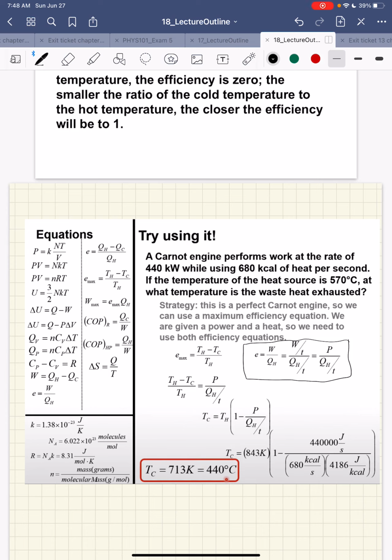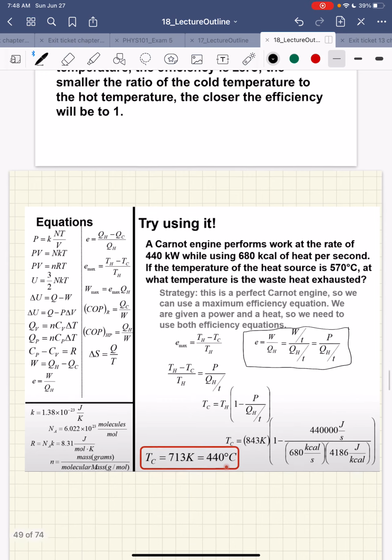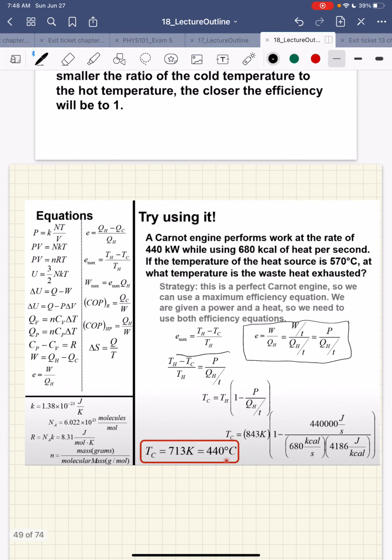E equals W over H hot, sorry. And I will divide by T both on numerator and denominator to get the power. And then after that, I'm going to make them equal to each other here.